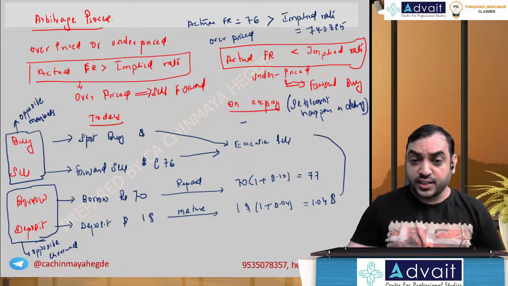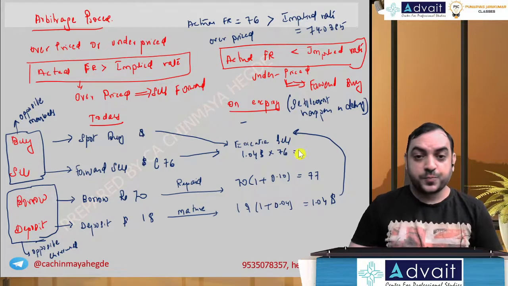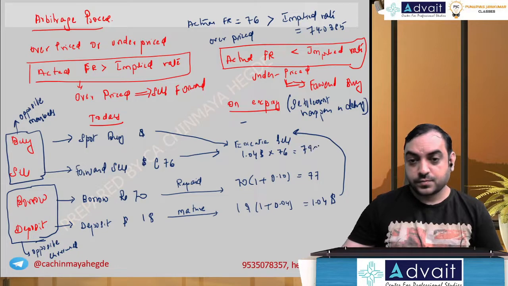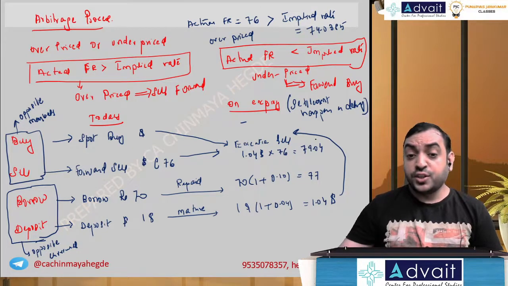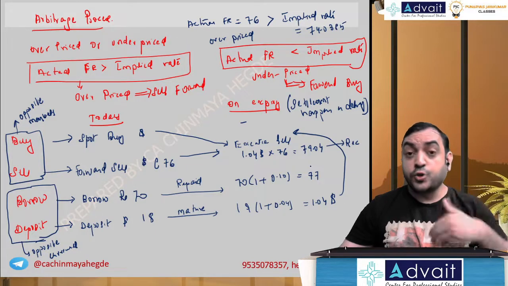Now $1.04, what are you going to do? You're going to sell, you're going to execute. $1.04 into 76 rupees will give you 79.04. So 79.04 is what you receive. 77 rupees you'll repay.